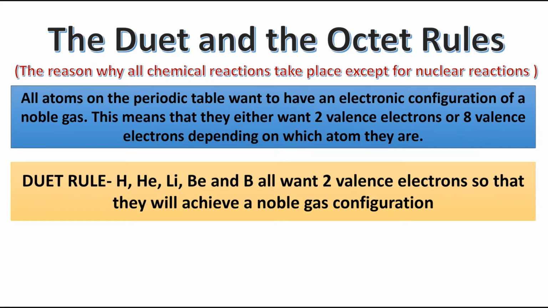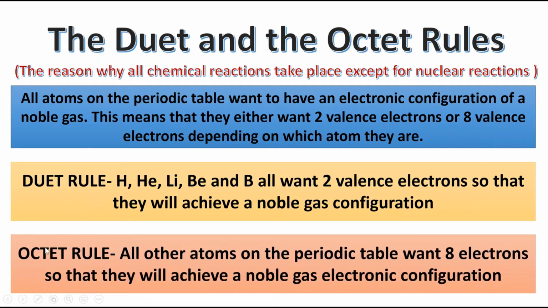Either they will lose electrons from their outermost shell, or gain electrons, or share electrons, but they will always like to have the electronic configuration of helium. Hence the outermost shell is 2, so the name of the rule is the duet rule.